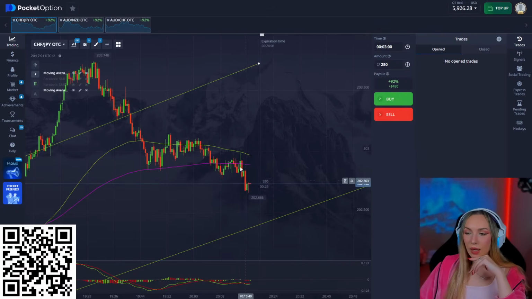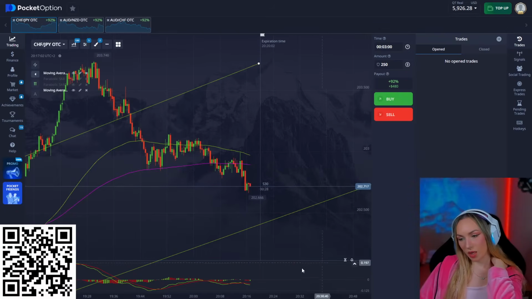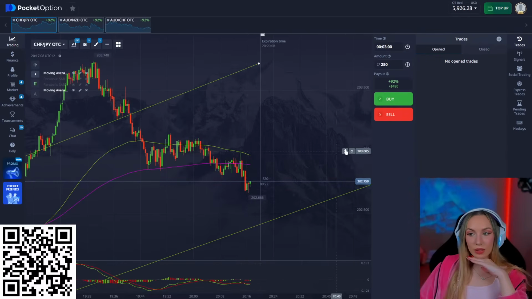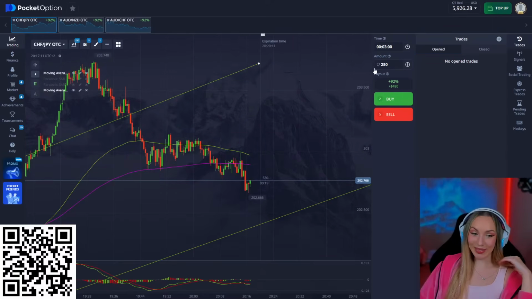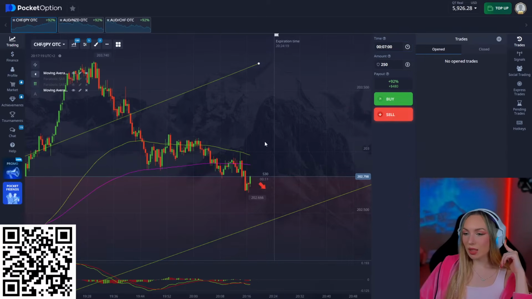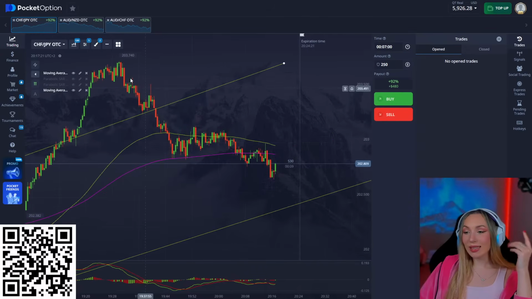And I wouldn't enter maybe right now, though the MACD lines again crossed in the oversold zone. We can try again to open the trade in the downward direction, because I believe that it will go lower. Okay, let's try for 7 minutes maybe, but it can go up.